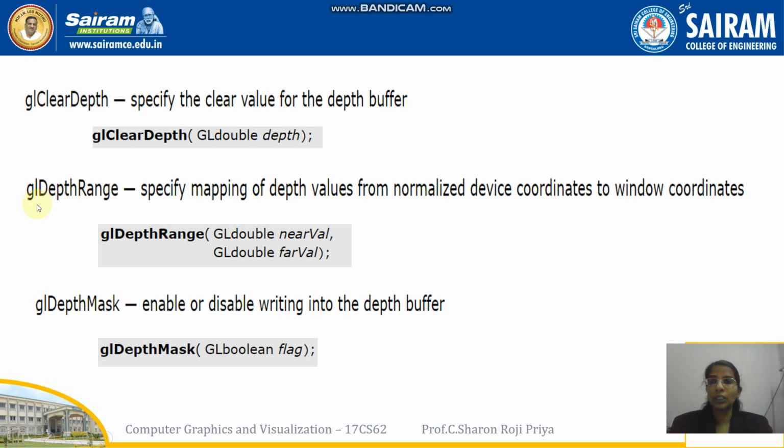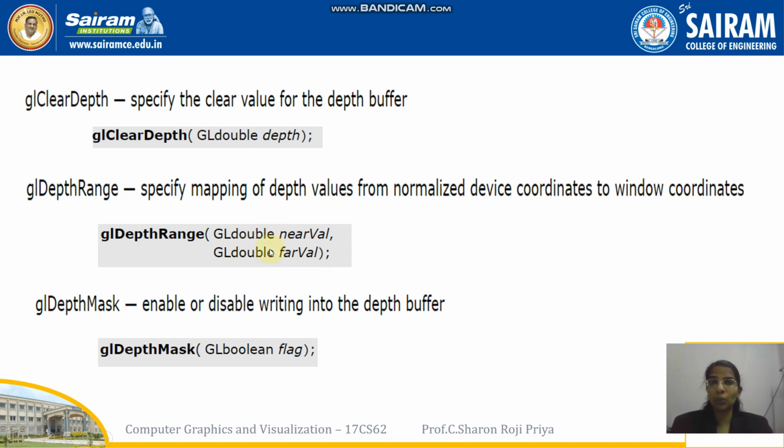And the next function is glDepthRange. Parameters will be near value and far value, right? Here the default near value will be 0 and the default far value will be 1 usually, right? So why is it 0 and 1?